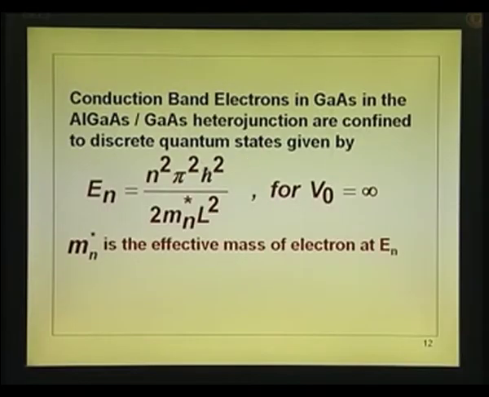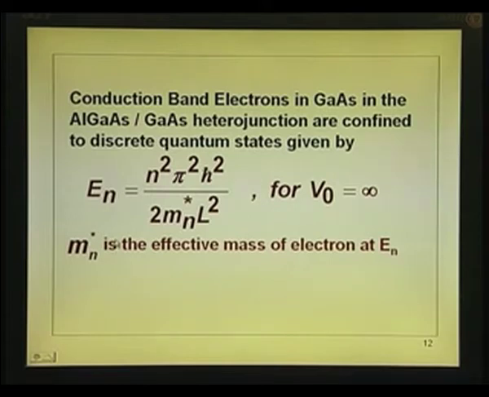Now, you can see, when you go to the finite well, you get that particular thing, and you also have to solve the equation with E n equals n squared pi squared h bar squared by 2 m L squared. It is the same equation that we wrote previously for energy, n equals 1, 2, 3, when V naught is infinity, with m n star.